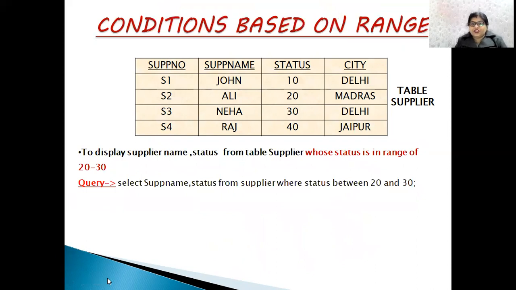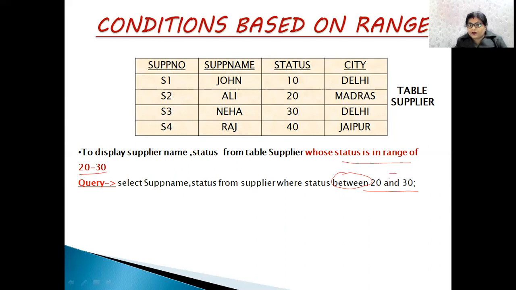Then we have conditions based on range. When we have conditions based on a range, like here they are asking for supplier name, status, whose status is in the range of 20 to 30. When there is a range, we use the word BETWEEN: where status is between 20 and 30. We are not using AND here like this.